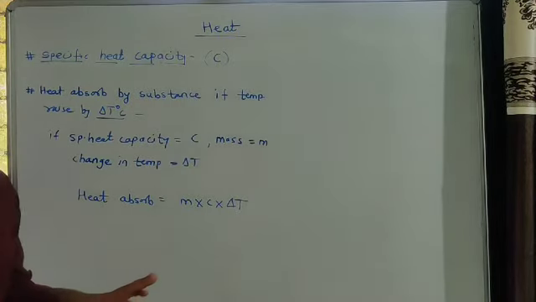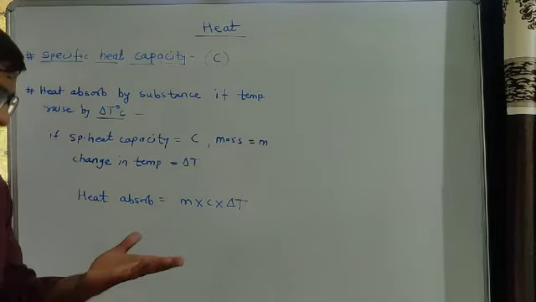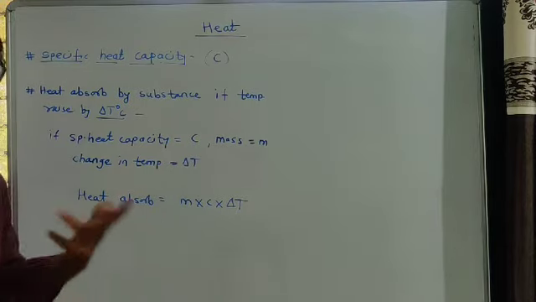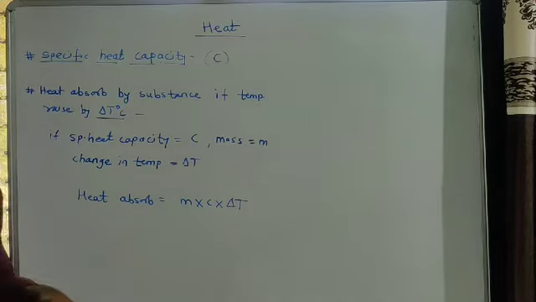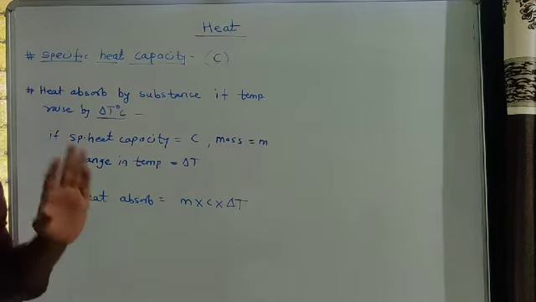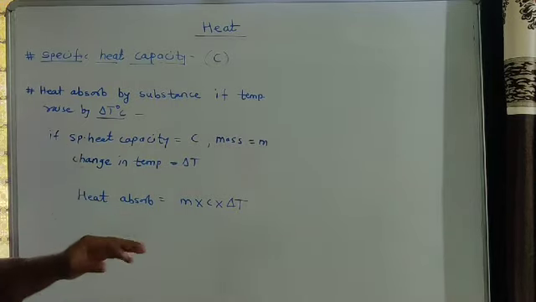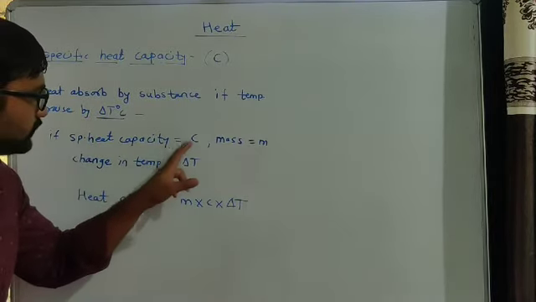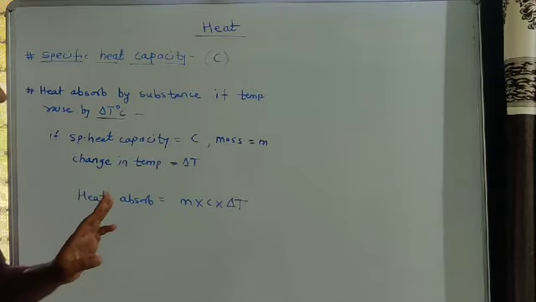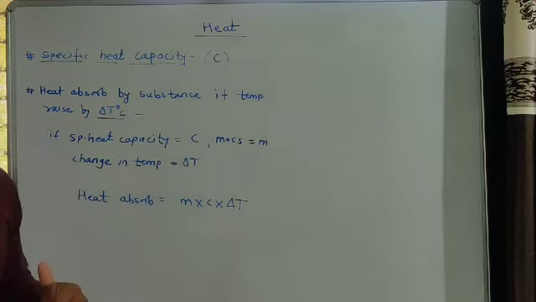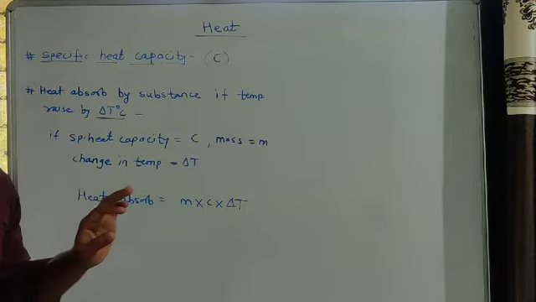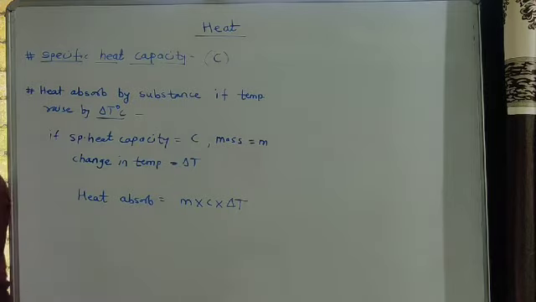If a substance is initially at normal room temperature and we heat it by 10, 15 or 20 degrees, we can calculate how much heat it absorbs. For that, we need to know the mass of the substance, its specific heat capacity, and how much we increase the temperature.